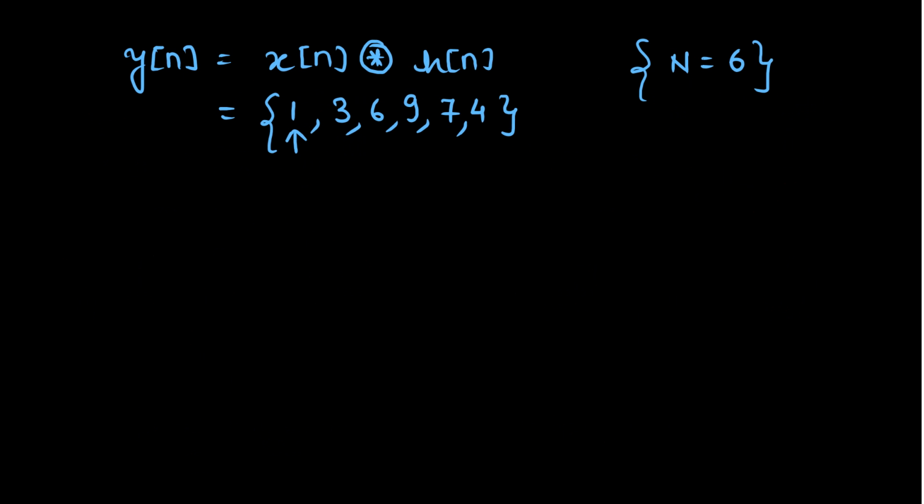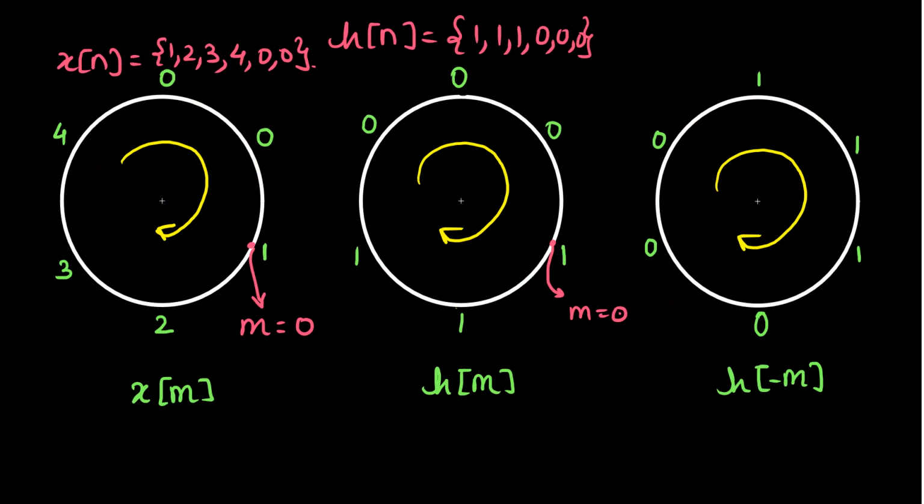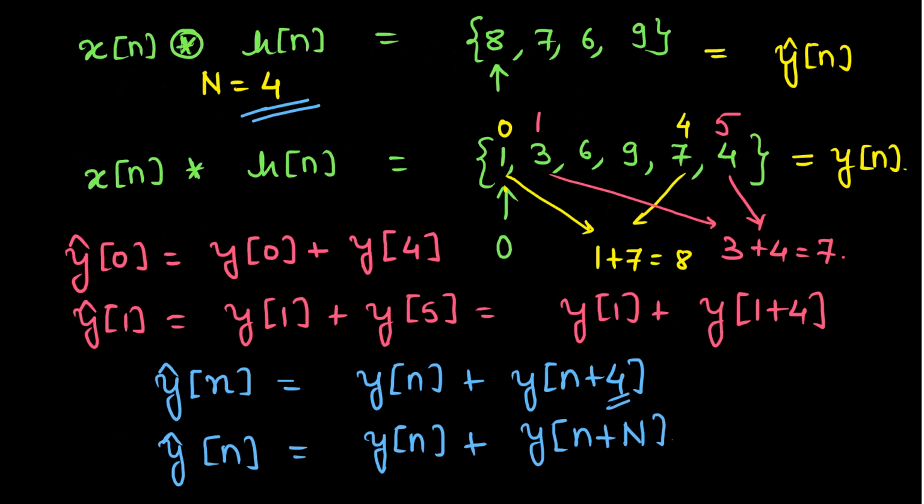So what we obtain now is this y hat of n, so more specifically y hat of n is equal to 1 3 6 9 7 4, and we know that the value of n is equal to 6. Now if we go back to our initial discussion and look at the value of the circular convolution, it was also 1 3 6 9 7 4.